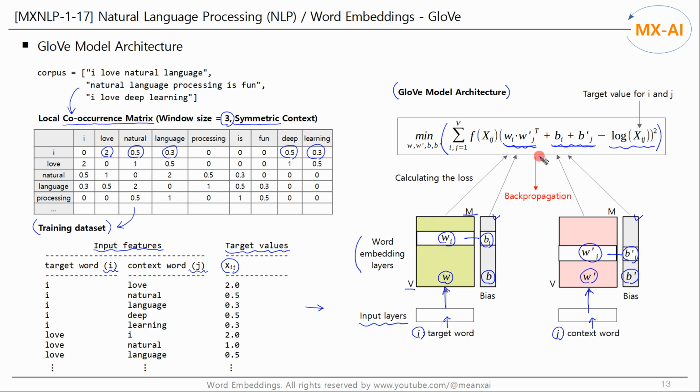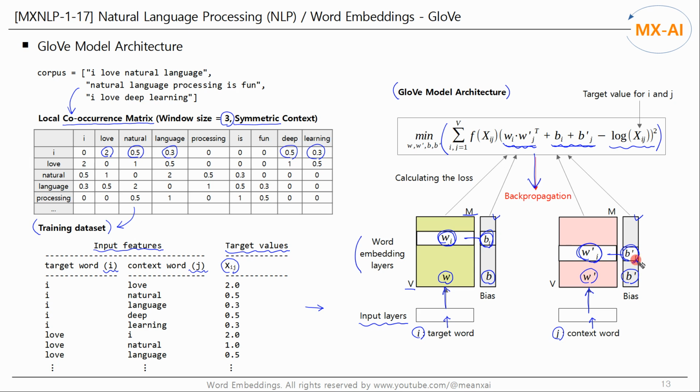The gradients are then computed from the loss and backpropagated through the entire network. Using gradient descent, all model parameters are updated, including Wi, W'j, Bi, and B'j. Through this iterative optimization process, the model gradually learns word embeddings that capture the global statistical structure of the corpus.